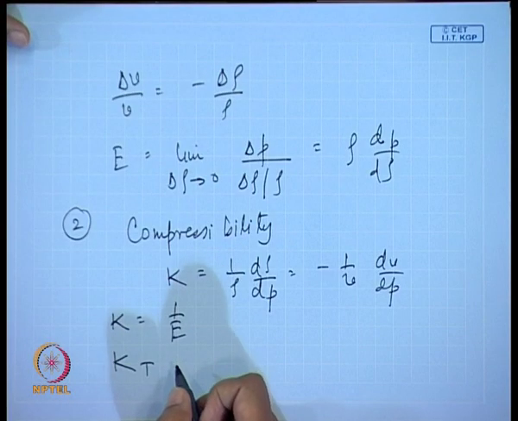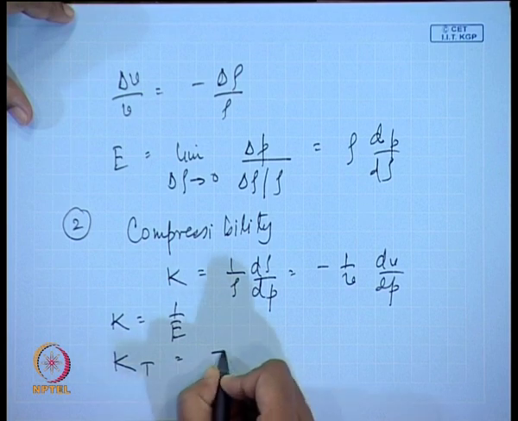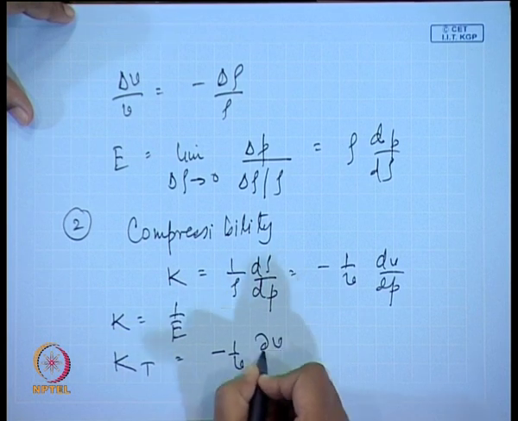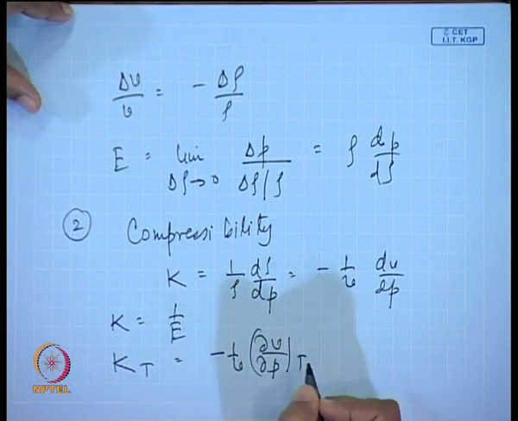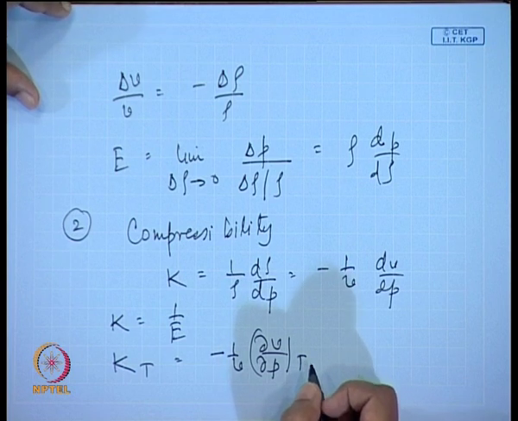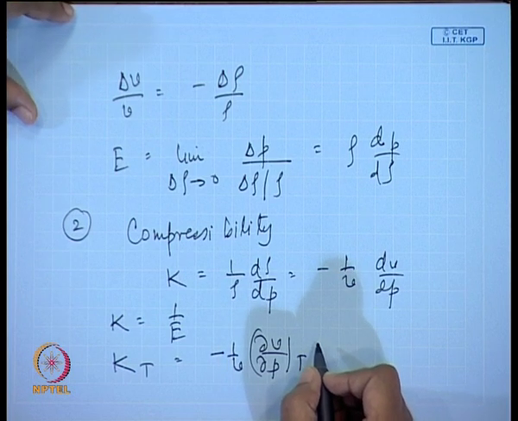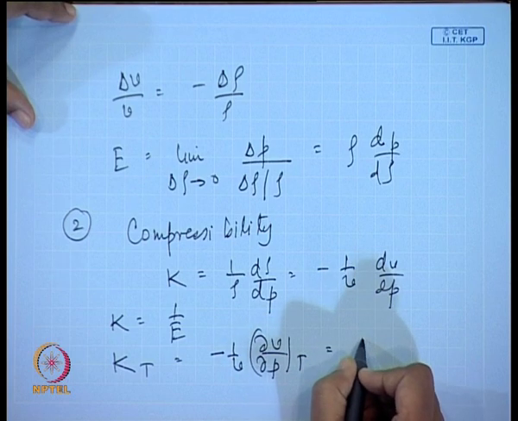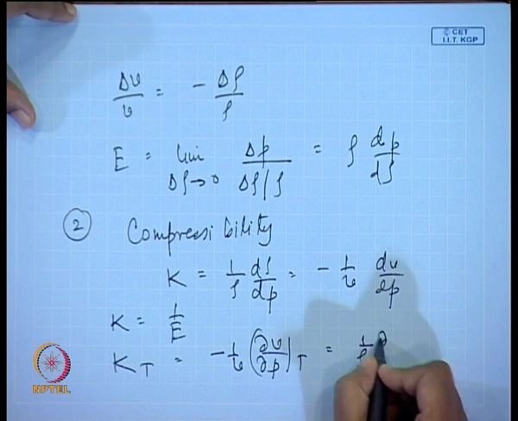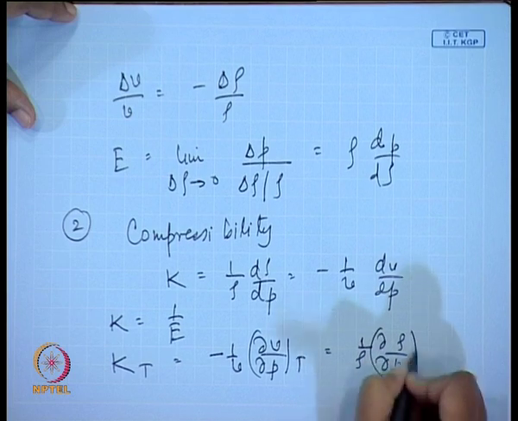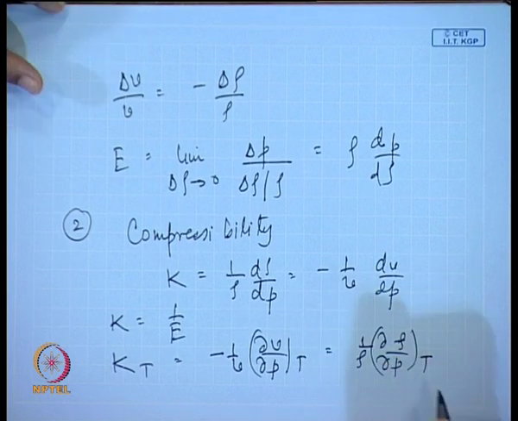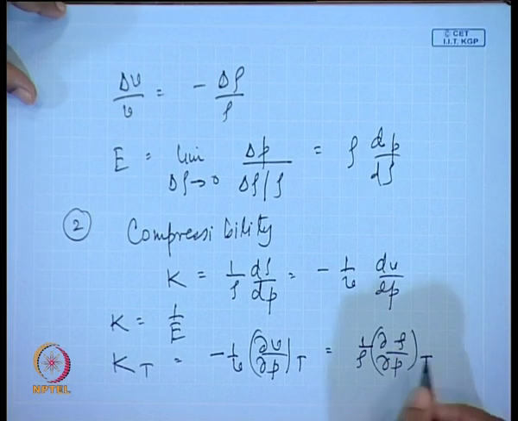This is defined in this particular form, where this can be written down as del V del P at constant T. This is the correct definition, or in other words, this can be written down as 1 by rho del rho del P at constant T. I hope you can differentiate between rho and P that I have written down.